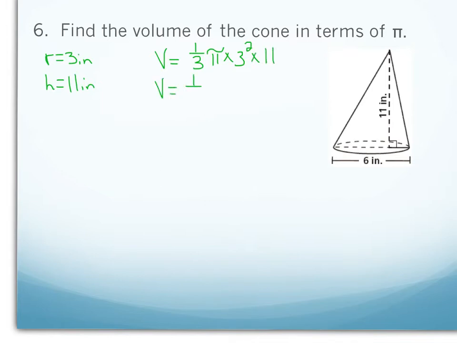So volume equals 1/3 pi times 9 times 11, so 1/3 pi times 99. And it says to leave in terms of pi. So take 1/3 of 99, you get 33. We're going to keep our pi, and that'll be 33 pi inches cubed.